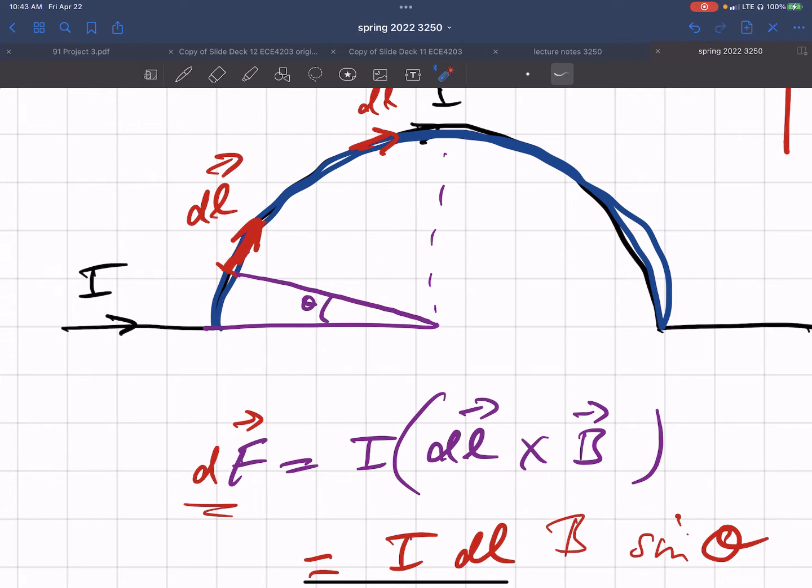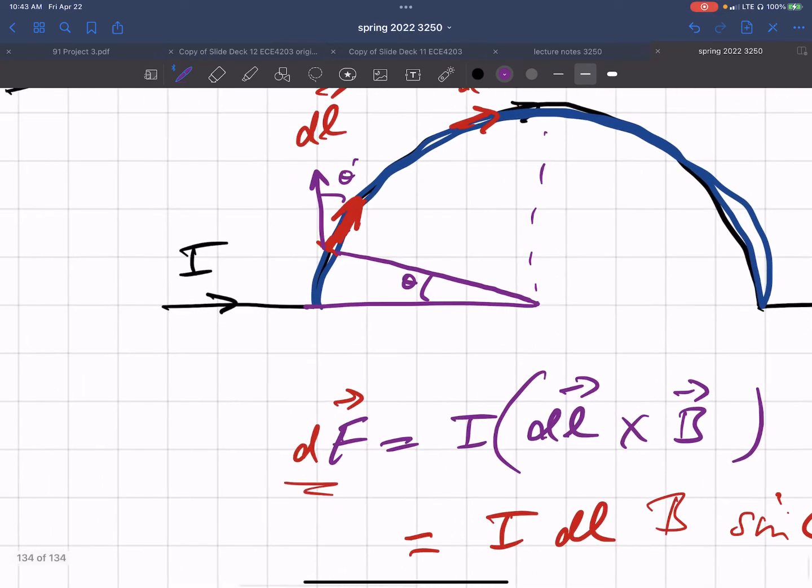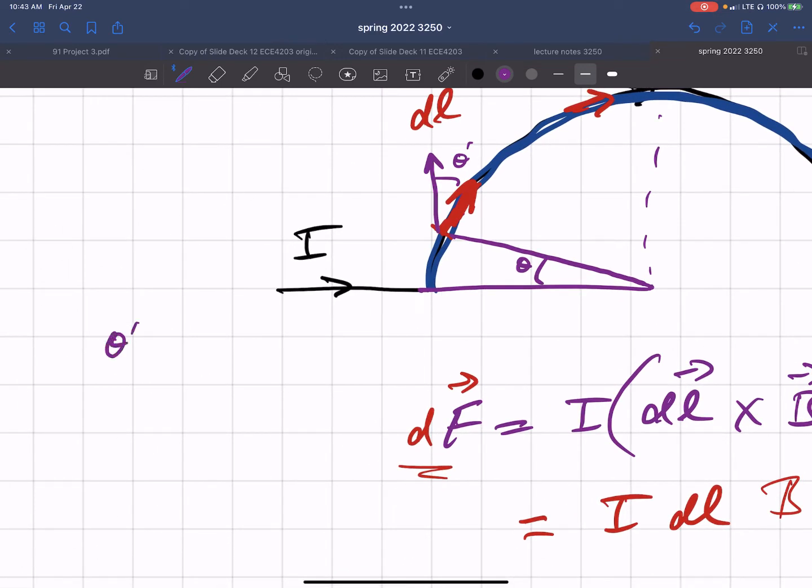Now I'm going to claim that, let's call this theta prime, that theta prime is equal to theta.